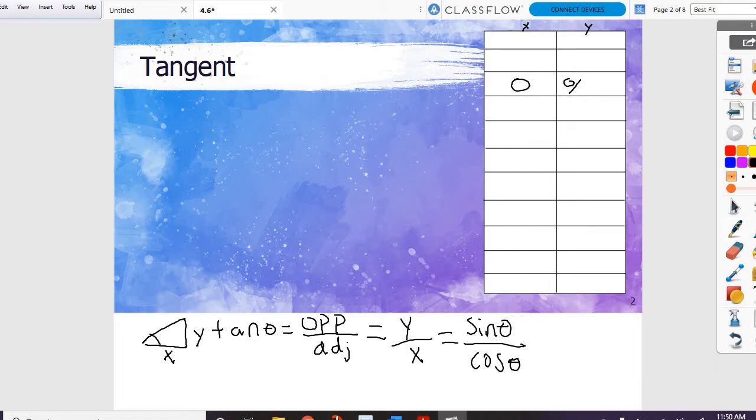And then if I'm thinking about my graph of cosine, what does cosine start at? 1. Yeah, so I know that cosine of 0 is 1. Well, what is 0 divided by 1? 0. Easy enough. So our tangent graph will also go through our origin, just like sine did. So far, so good.